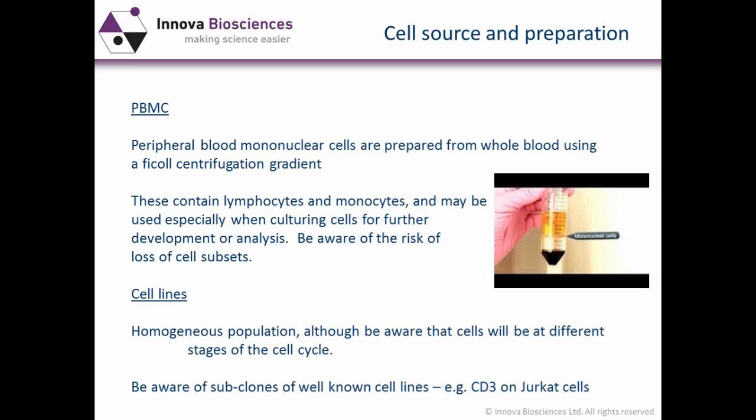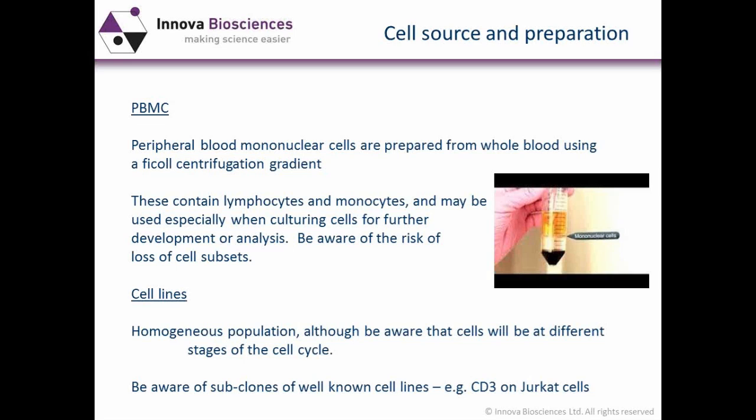But do be aware that cells within a population will be at different stages of the cell cycle, and depending on how well the culture is going, the viability of the cells may vary. You may indeed see 2 separate populations if there are a high number of dead cells in your sample. One thing to be aware of is that you may have different results if you're using cell lines from different sources.